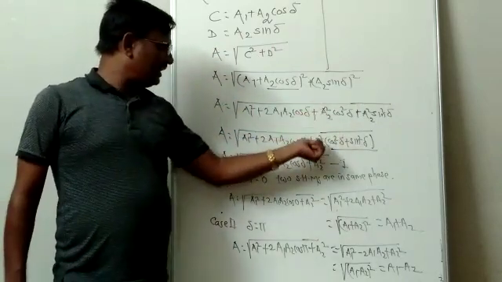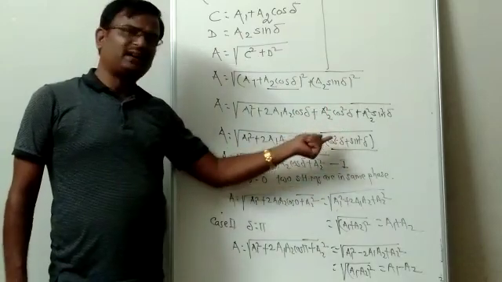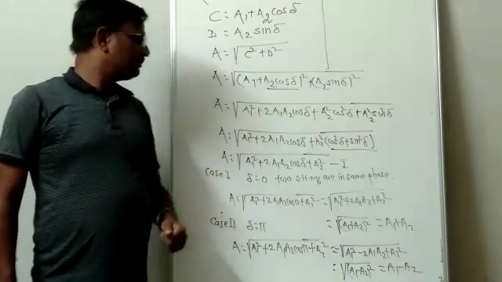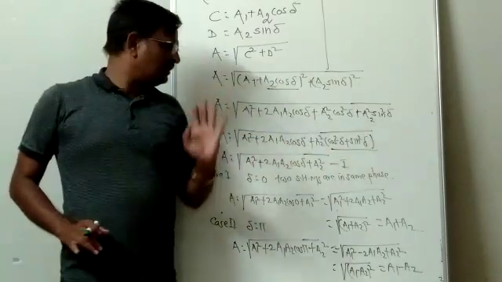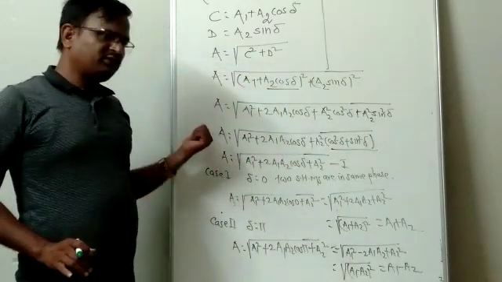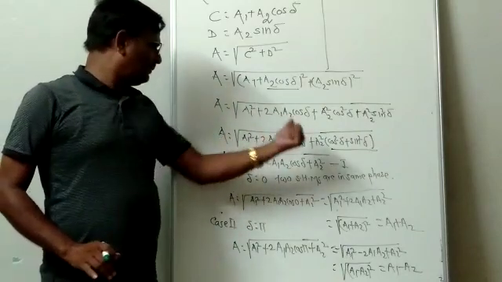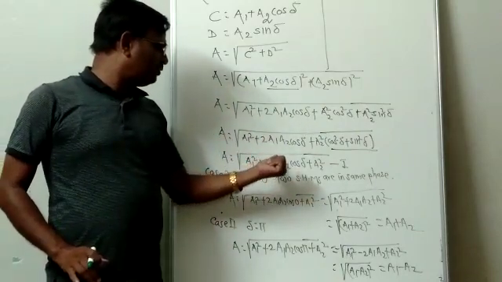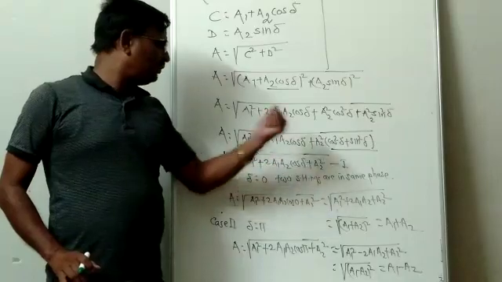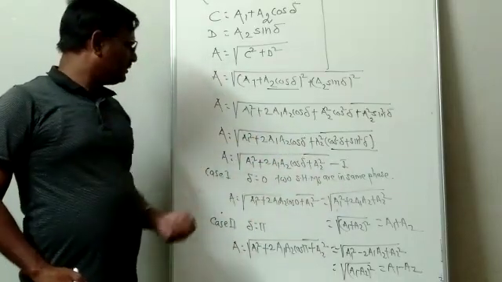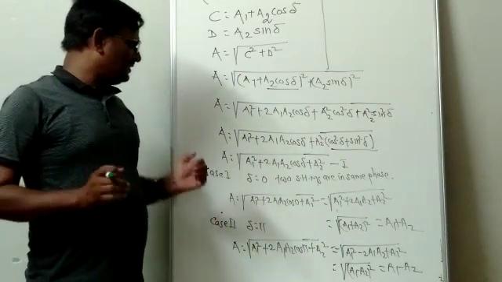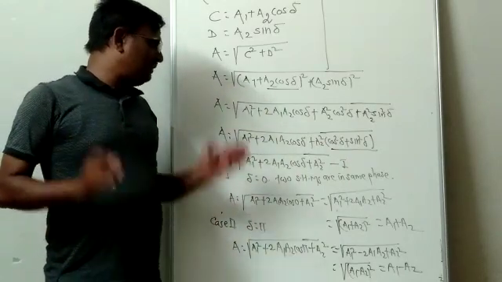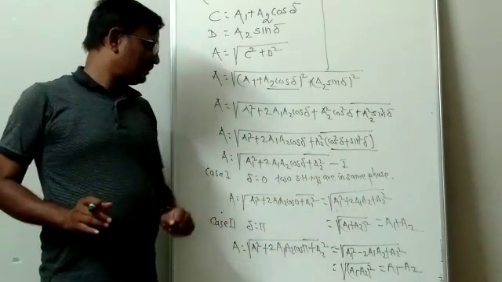A2 square can be taken outside the bracket. What remains in the bracket? Cos square delta plus sin square delta. But as we know, cos square delta plus sin square delta is equal to 1. Then we get capital A is equal to the square root of A1 square plus 2A1 A2 cos delta plus A2 square, equation number 1. This is the resultant amplitude of two SHMs having phase difference delta.